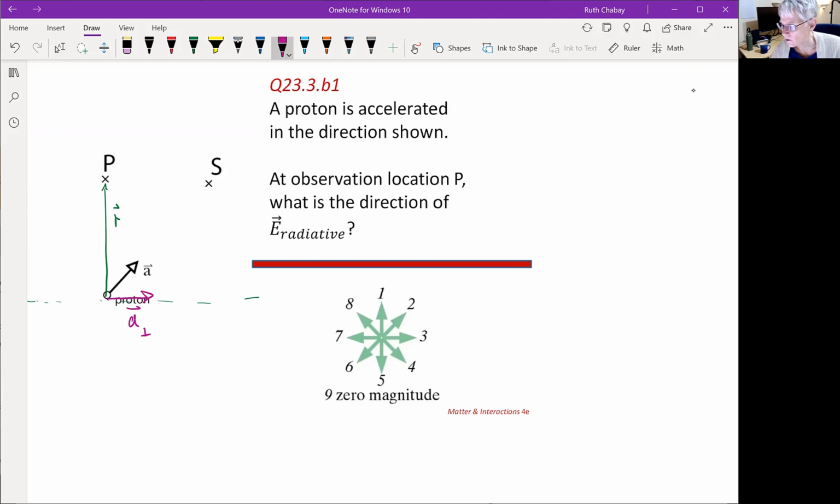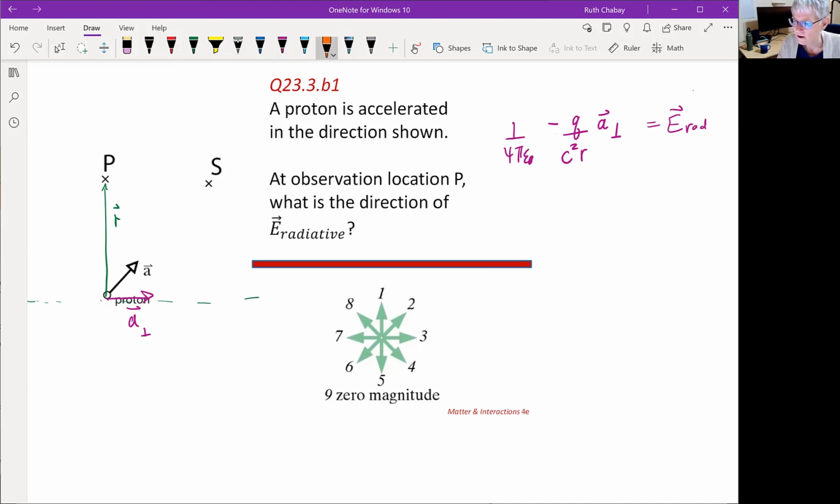And remember that our equation, 1 over 4 pi epsilon 0 minus q over c squared r times A perpendicular, says that for a positive charge, where this is a positive scalar, the direction of the radiative electric field will be opposite to A perpendicular.